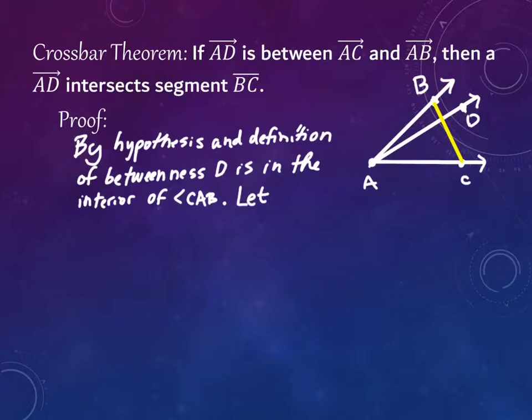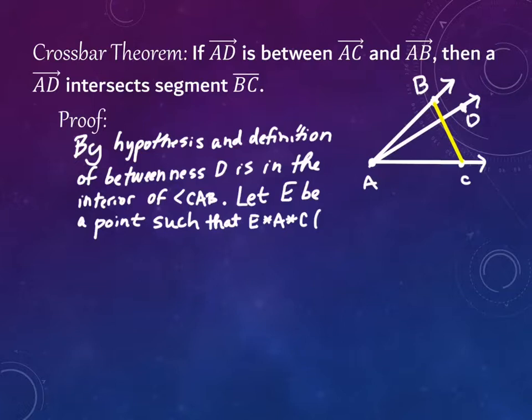All right, so we're going to let E be a point such that E star A star C. By axiom B2, the second betweenness axiom, this point is guaranteed, so this point exists.